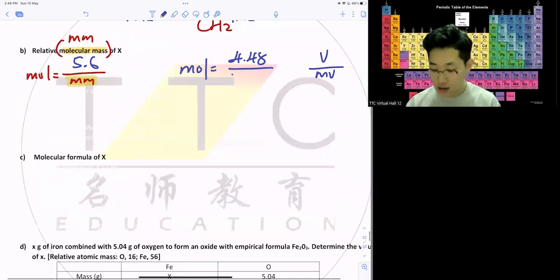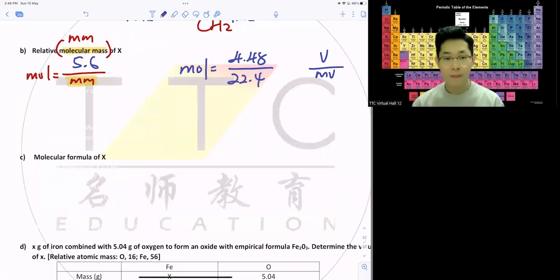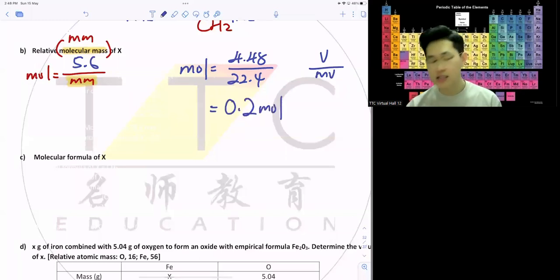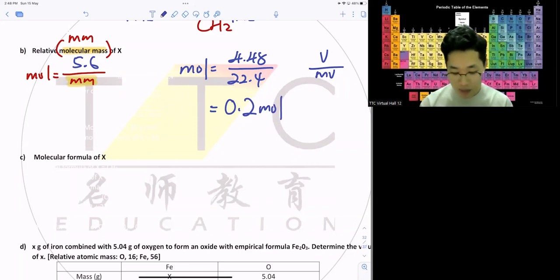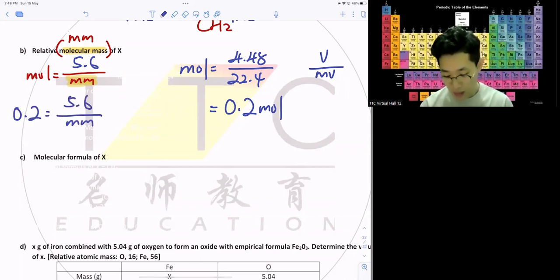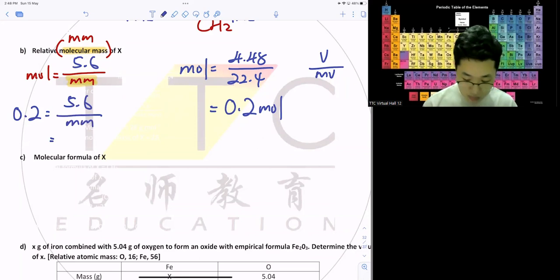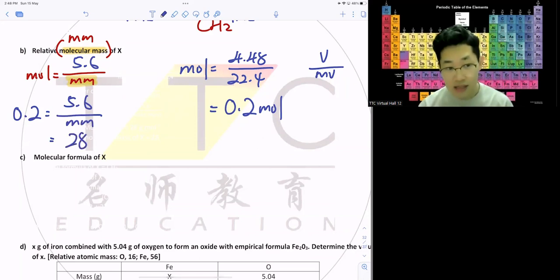You sub it in, 22.4, to get 0.2 mole. Sub the mole in. Yes, Malcolm, very good. 28.